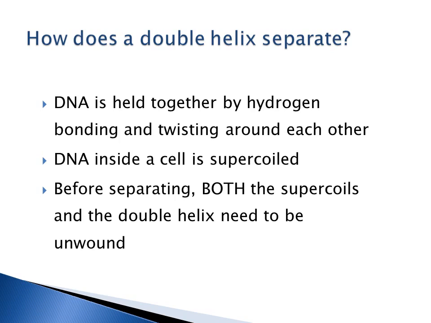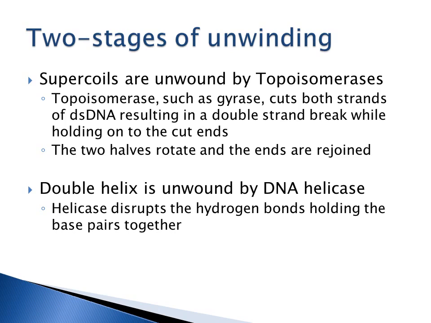So both the supercoil and the double helix have to be unwound in order for that DNA to be replicated. So how do we unwind or separate the double helix and the supercoil?